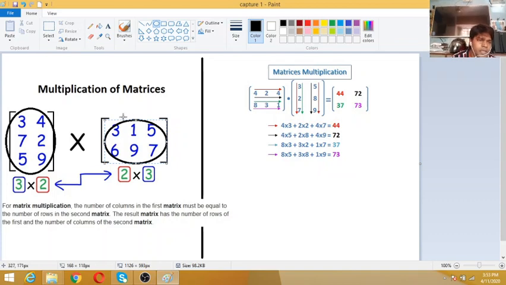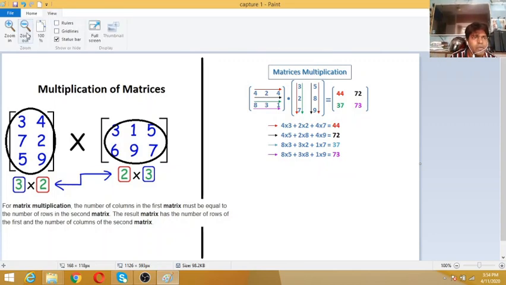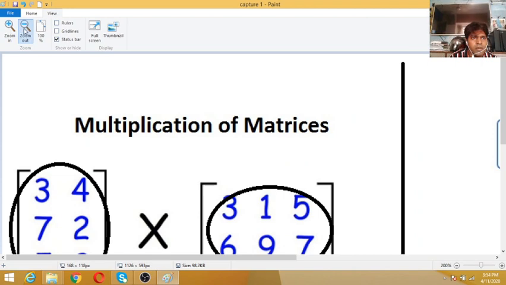Because in the first case there are 3 rows and 2 columns, and in this case there are 2 rows and 3 columns. So these two matrices can be multiplied because the number of columns of the first matrix is equal to the number of rows of the second matrix. Then only we can go ahead with multiplication. So that is important to understand.